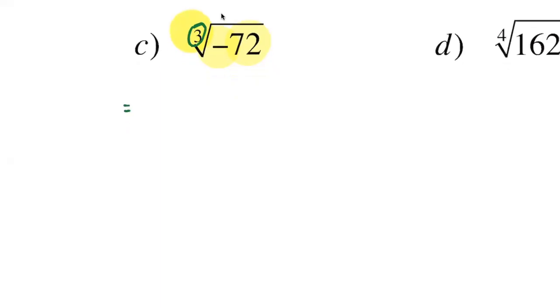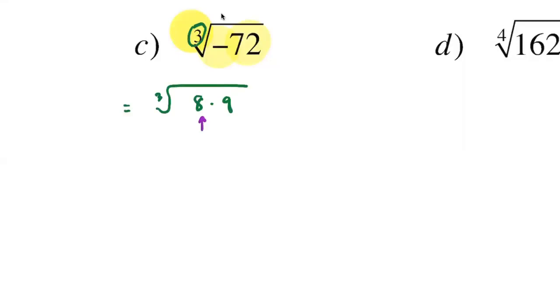Yes, 9 and 8 will work, but there's a negative, and what we want to decide is where to put the negative, because it's a cube root. We want to simplify the perfect cube factor, which is the 8. If we do that, we're allowed to take the cube root of a negative number.